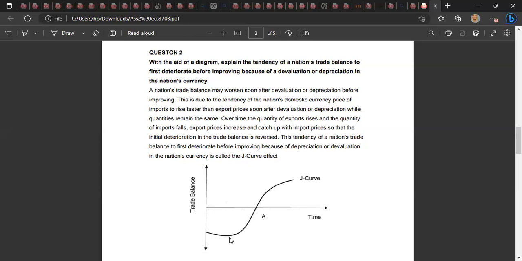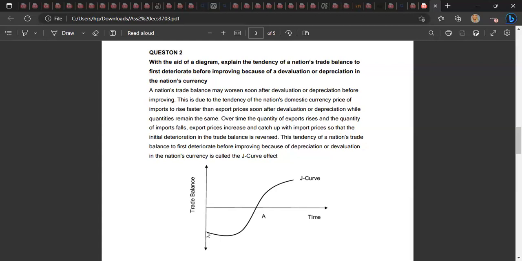The fact that you devalue the currency now doesn't mean that people are going to stop importing now. That's not the case. There's that time lag. Once you first do that devaluation, exports are going to be cheaper, but it doesn't mean that the market is going to respond quickly.